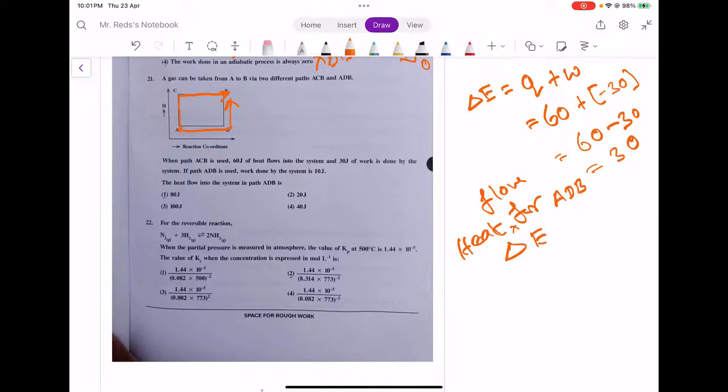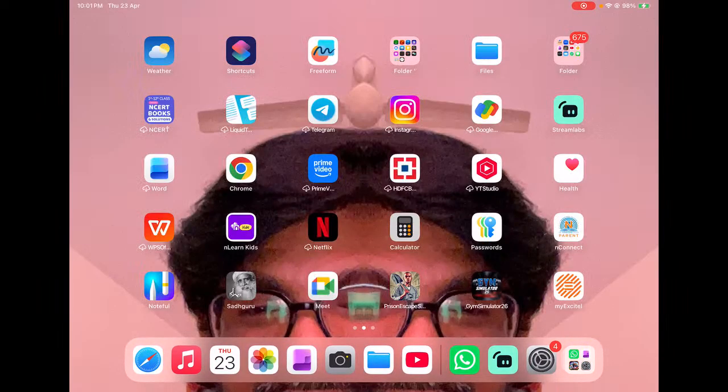Delta E is equal to Q plus W. But what is asked here?